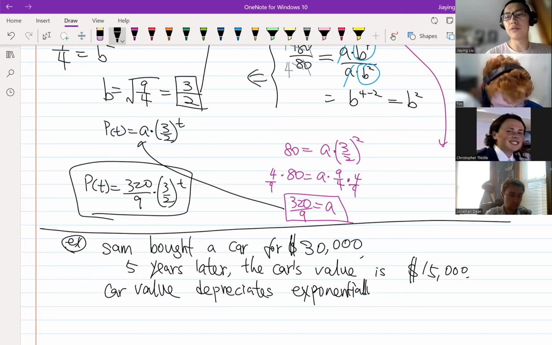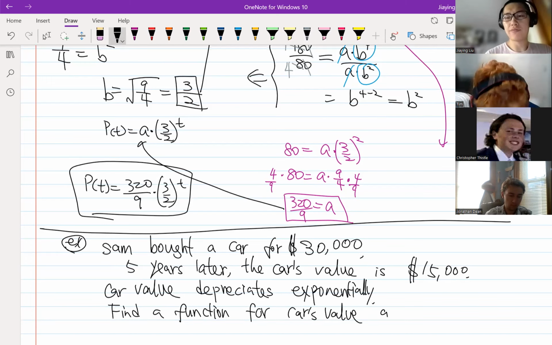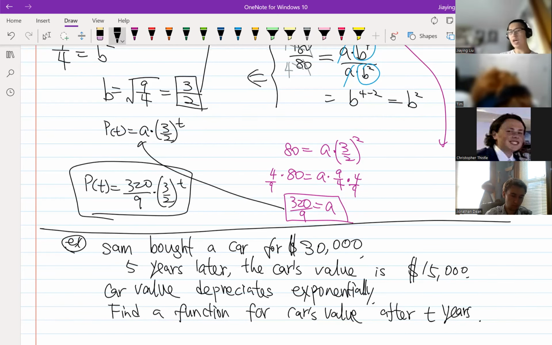Find a function for the car's value after t years since it was bought.